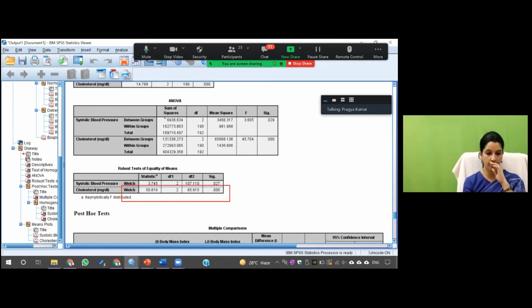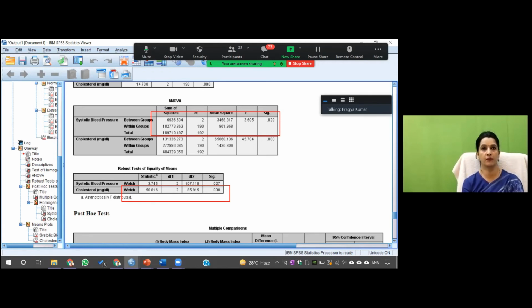Similarly, for systolic blood pressure, since equality of variances was assumed, I'll take this value to report my result because this is the standard ANOVA value. Is it clear to everyone why we are taking the standard ANOVA for systolic blood pressure and Welch ANOVA for cholesterol?